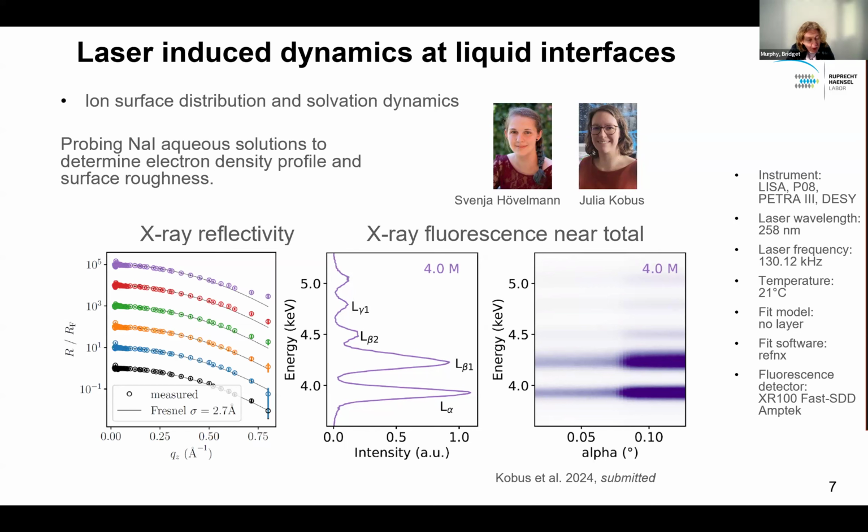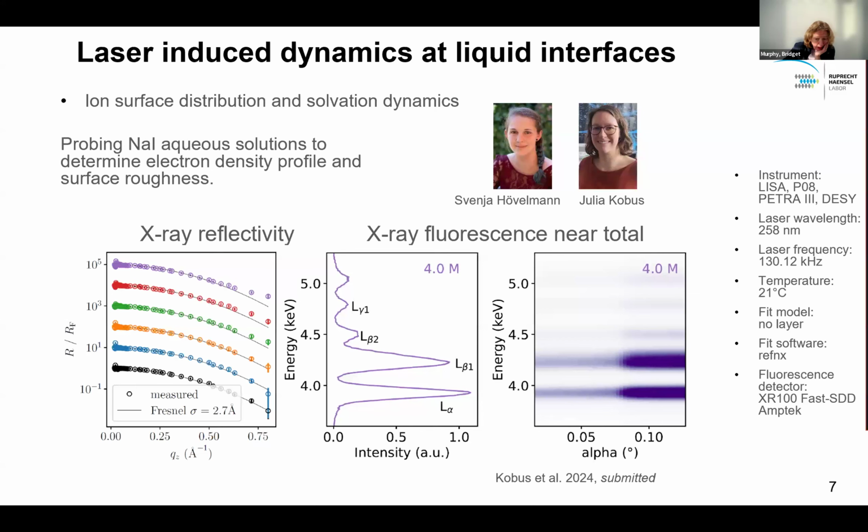And if we go to the X-ray fluorescence, we also see that there are some effects, surface-dependent fluorescence behavior, and we have beam time running at the moment that we're trying to look at this time resolved.